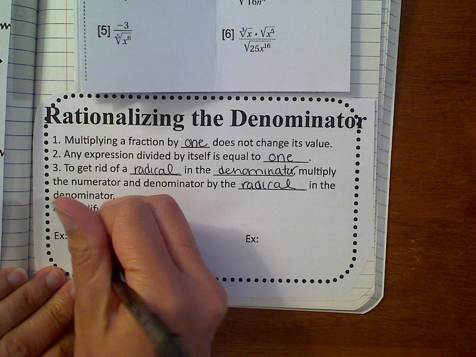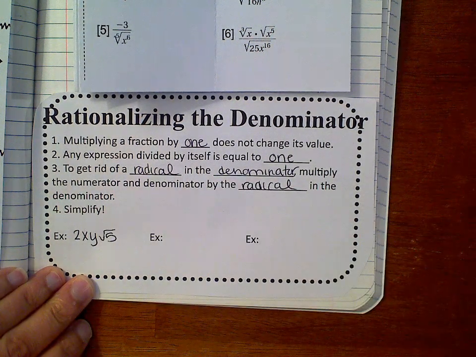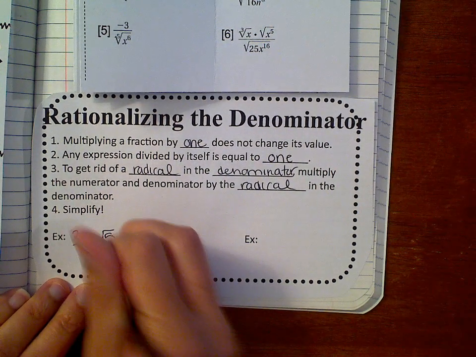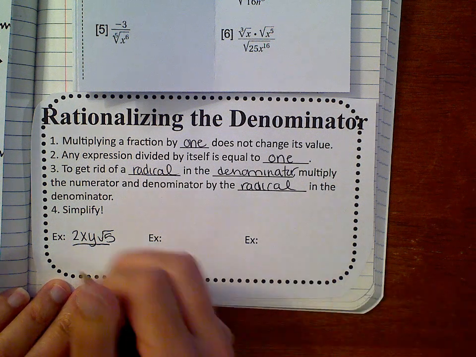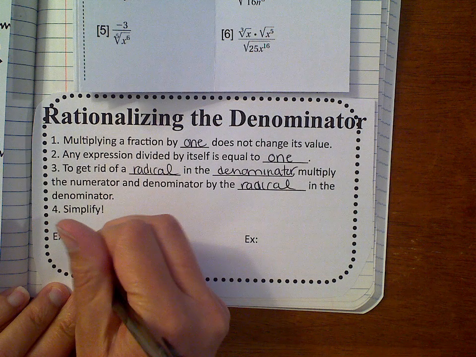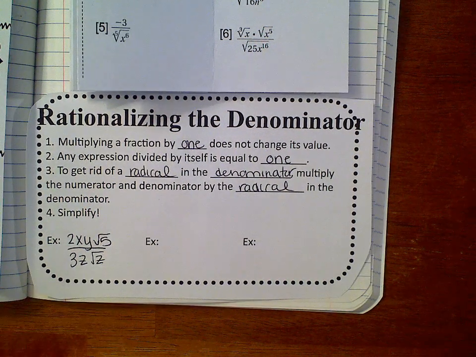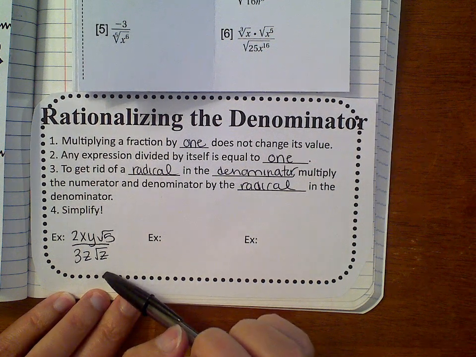So taking that example that I had up top there on number 2, we finished the problem at 2xy root 5 over 3z root z. So the only issue is that I have this square root of z in the bottom here, and I can't have that.